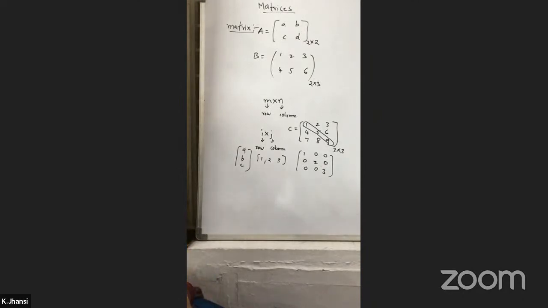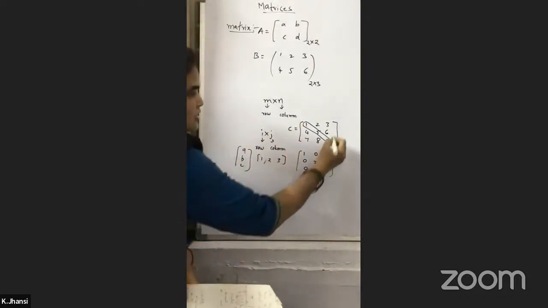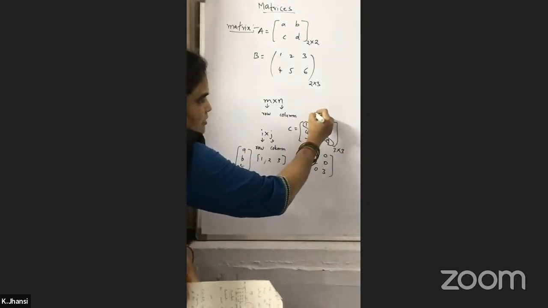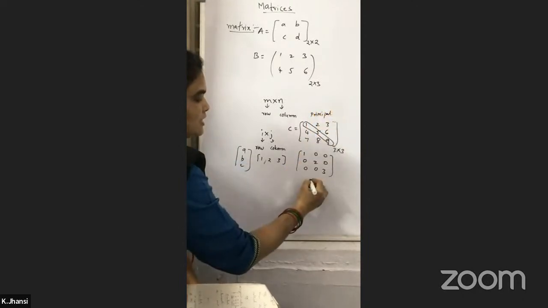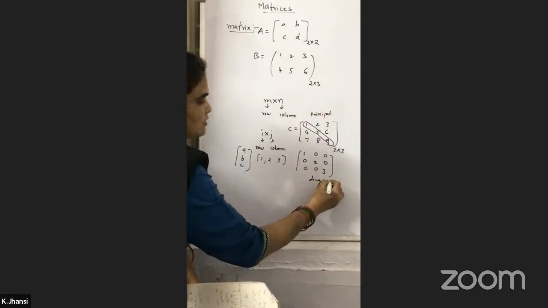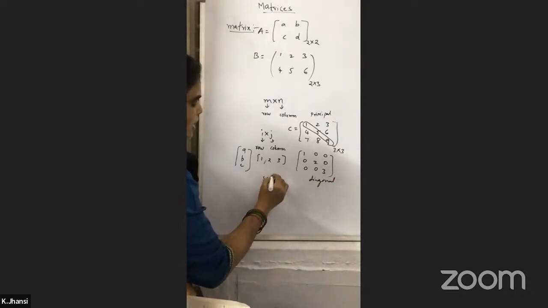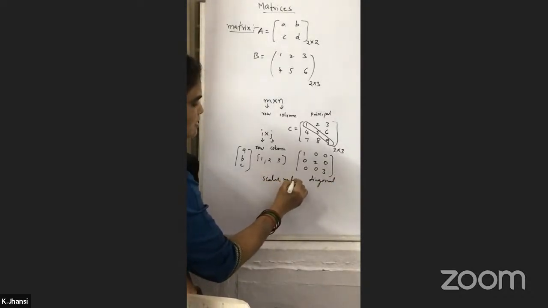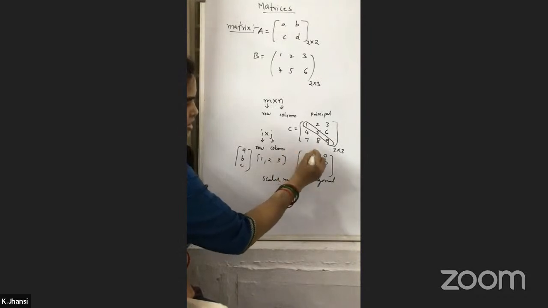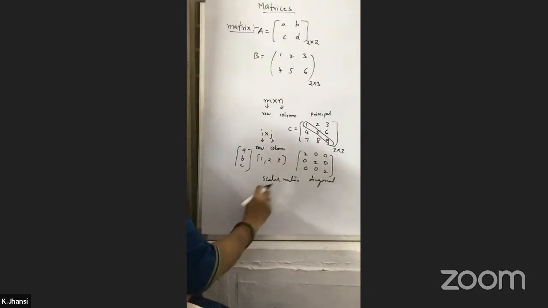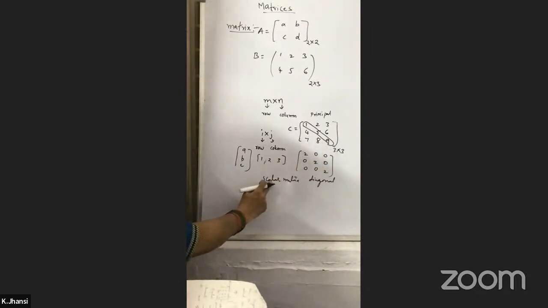And one more is the scalar matrix. This is the principal diagonal, and this is the diagonal matrix. And one more is the scalar matrix. Scalar matrix means, instead of different elements here, if you have the same elements, that is here 2, 2, 2, then we call it a scalar matrix.